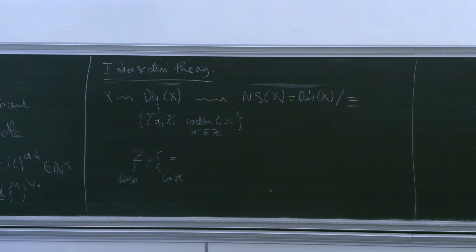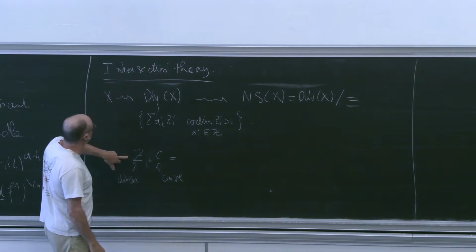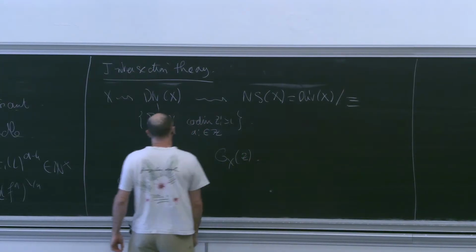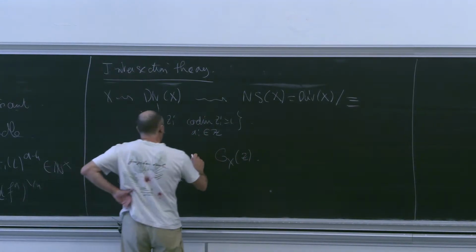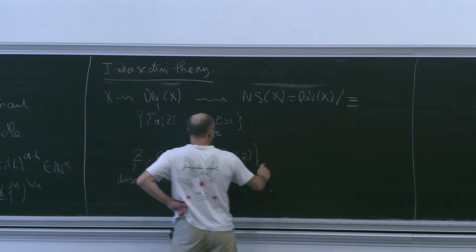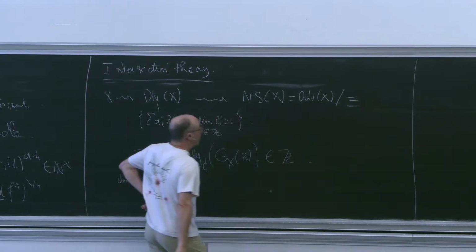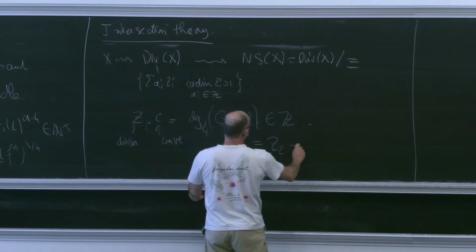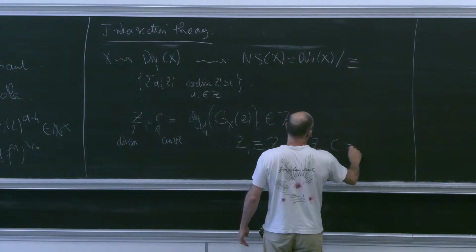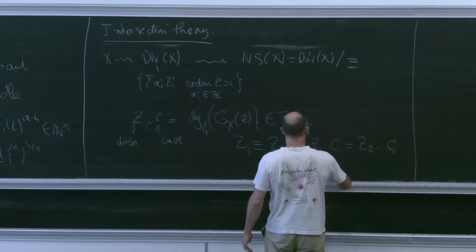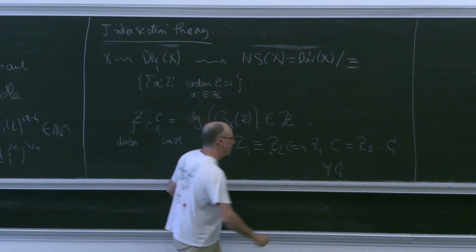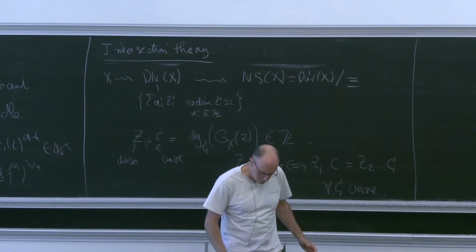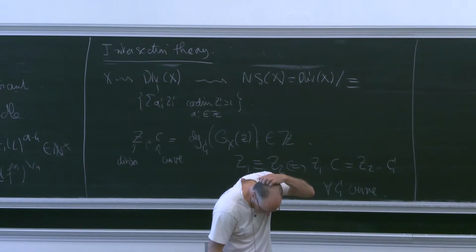And how to do that is just like in dimension 2: a divisor defines a line bundle, let's say O_X(Z), so you can restrict it to C, and you look at the degree of this line bundle on C. And Z1 is numerically equivalent to Z2 if they have the same intersection on any curve C.